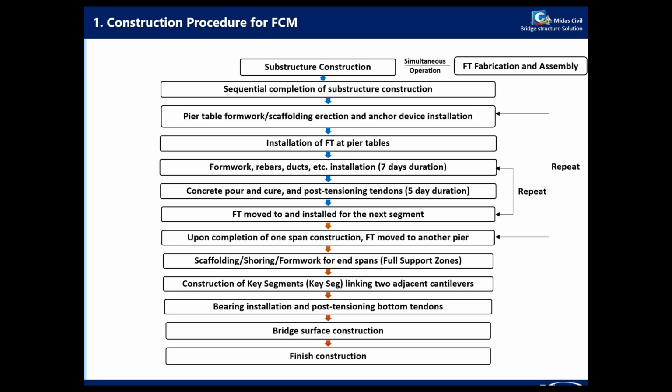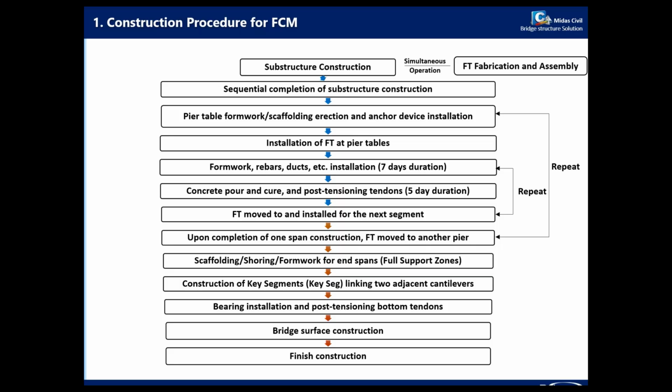We can also construct the key segment that links two adjacent cantilevers. The next steps are the bearing installation and post-tensioning of bottom tendons, then bridge surface construction, and then the finishing construction.